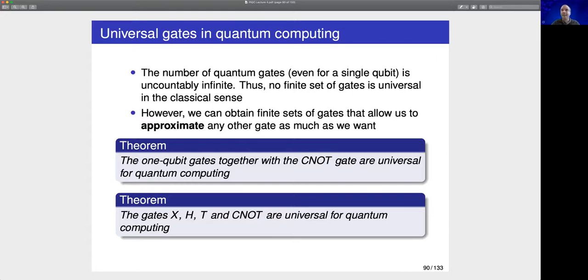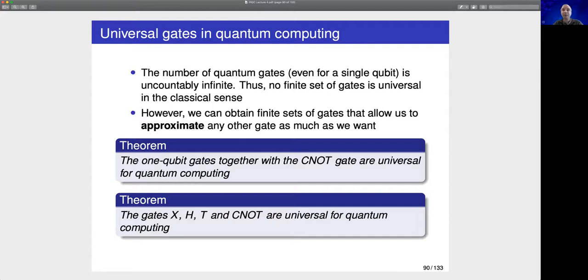Okay, and then what we can prove with these techniques is that with just the 1-qubit gates that we have studied so far, the rotations that we studied in the first and second lectures, and the CNOT gate, we can approximate any other gate to the precision that we need.